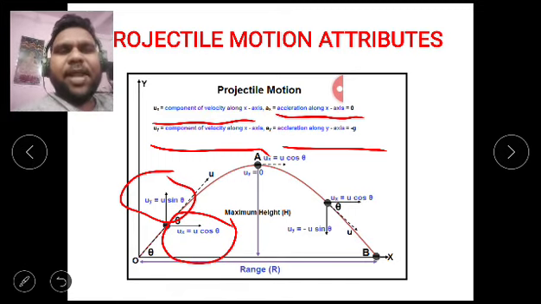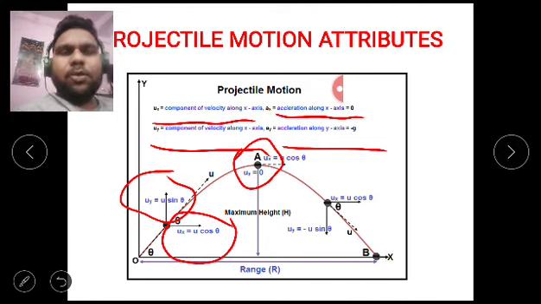Now time of flight consists of two parts. One is the time of ascent, and the other is the time of descent. During the ascent, the projected object decelerates. Its velocity keeps decreasing and at point A it becomes equal to 0.